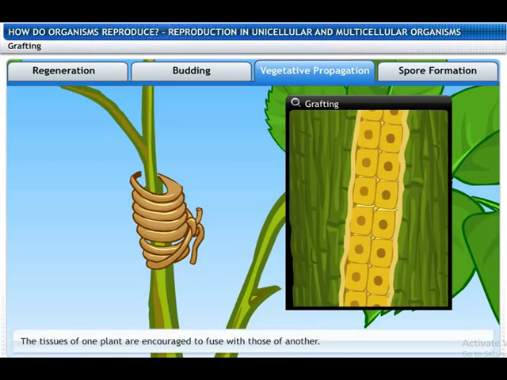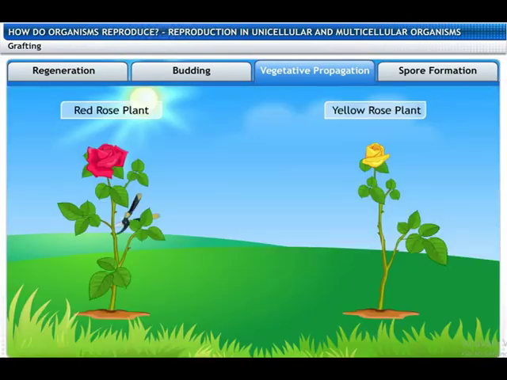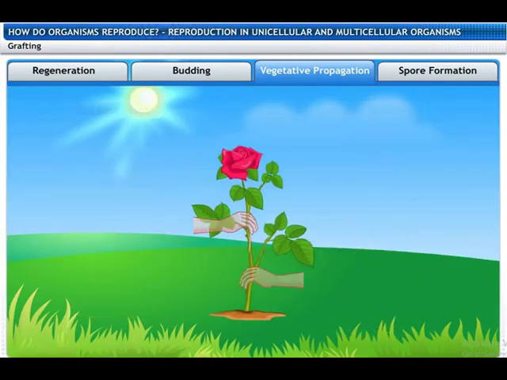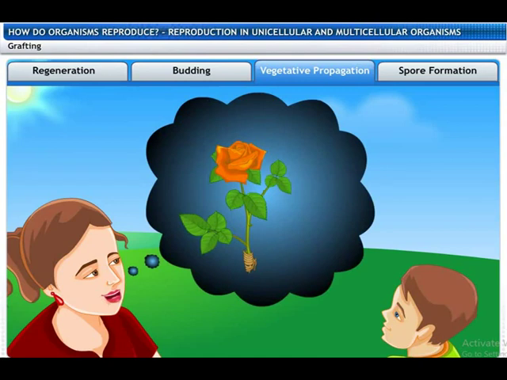In grafting, the tissues of one plant are encouraged to fuse with those of another. I grafted the stems of roses of two different colors. I'm hoping to get a rose in a different shade as the characteristics of the two roses combine through grafting.